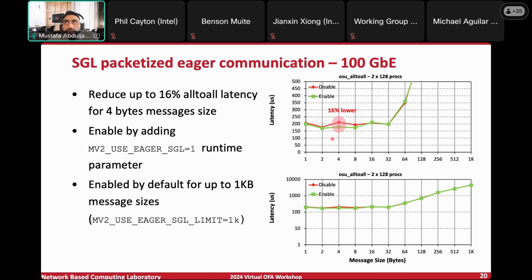However, the good thing is that it doesn't really cause any degradation across any scale, so that benefit is there whenever possible. And we've enabled a parameter to disable the scatter gather list, or the SGL packetizing, for eager communication, in which we set it to 1 KB on the Broadcom cluster.